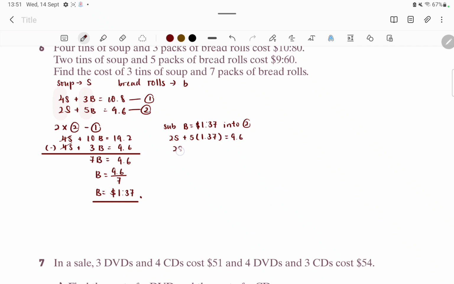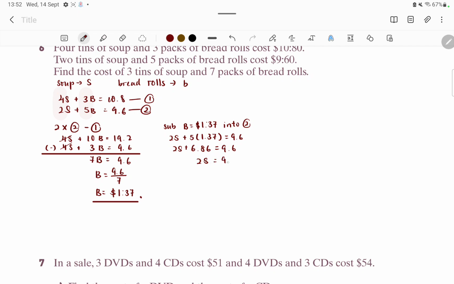Okay, so 2s plus, you should get 6.86 equals 9.6. Move 6.86 to the other side.